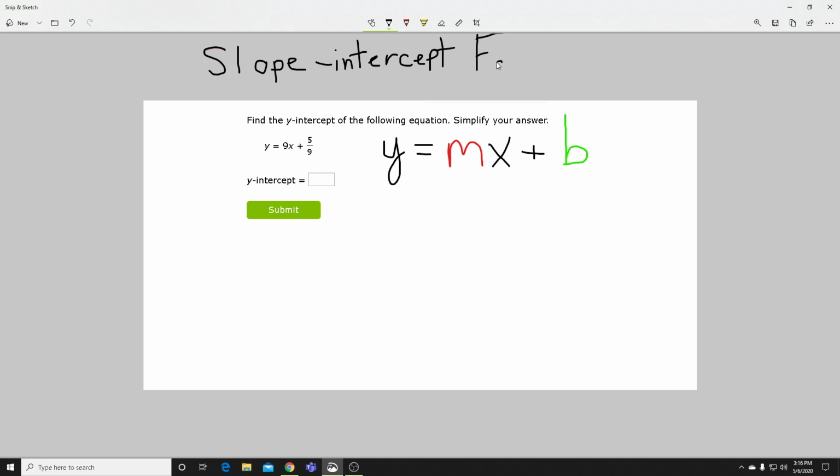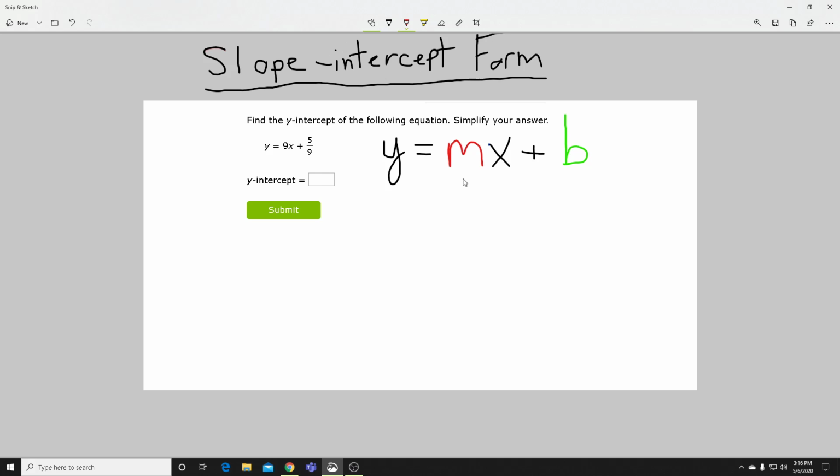So what exactly does that mean? Well, it's pretty simple once you have an equation in slope-intercept form, because you can just read off the slope and read off the y-intercept.